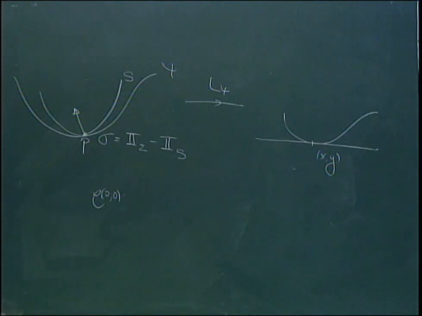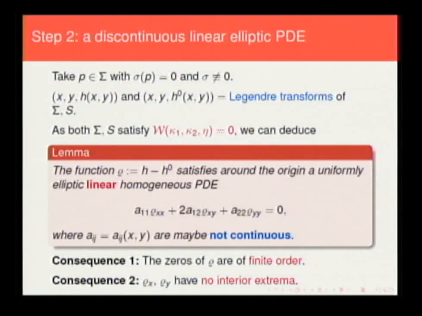Okay? What the Bers-Nirenberg theorem asserts is that some derivative of rho at the origin must be different from 0. And in fact, it also asserts that the first derivative of rho with respect to x or y has no interior extrema.